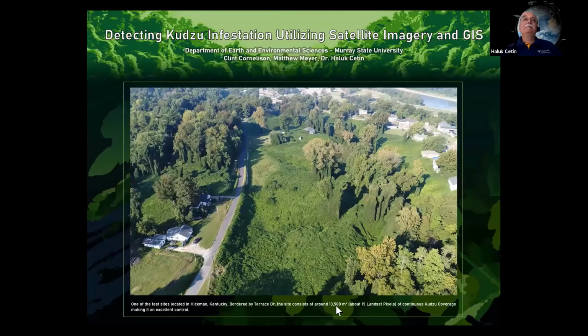Here we go. So the purpose of this study was to initially look at different invasive species in Kentucky especially, and one of the most important species that is really widespread in Kentucky is Kudzu.